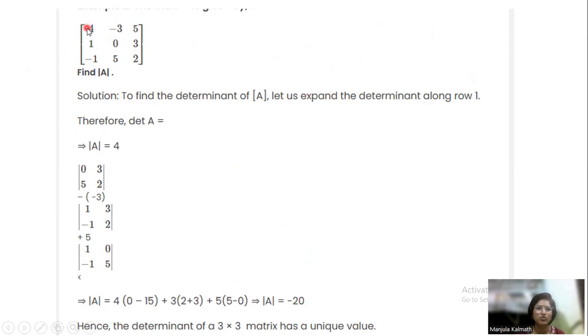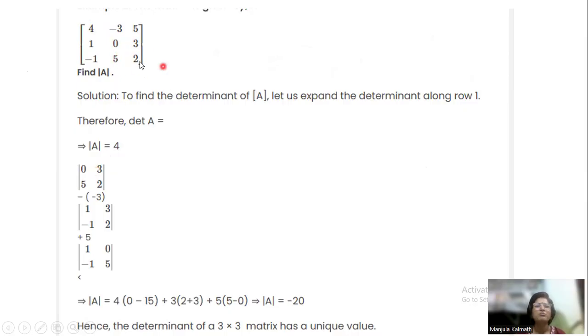First we'll be taking the 4. Here we have to find the product of the primary diagonal elements minus the product of the secondary diagonal. That is 4 into the matrix 0, 3, 5, 2.